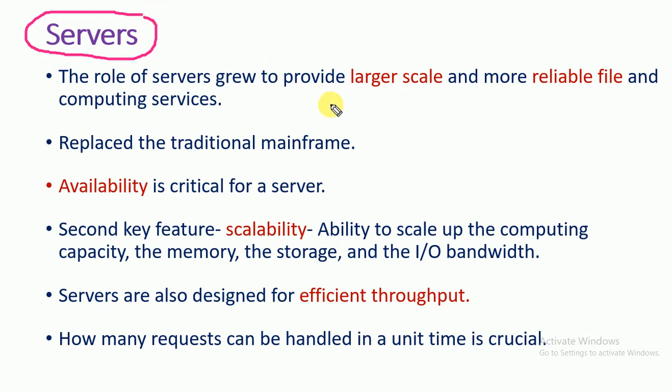So the two points to be focused on for a server: it should have larger scale, because more operations are to be performed on a server, because a server is the machine which serves different clients. So a number of clients will give requests and more requests are to be responded to. Some response must be given, some performance must be done according to the request.